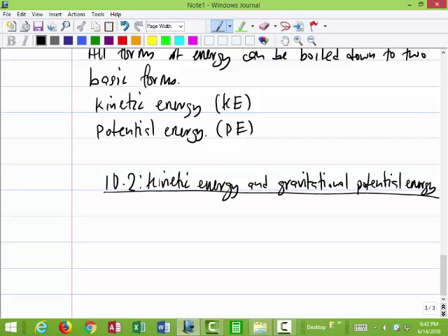Let's consider an object of mass m that is falling from an initial position y subscript i to a final position y subscript f in the gravitational field. We will label the object's velocities as initial v, v_iy, and final v, v_fy, within its position. So let me draw that to start off.